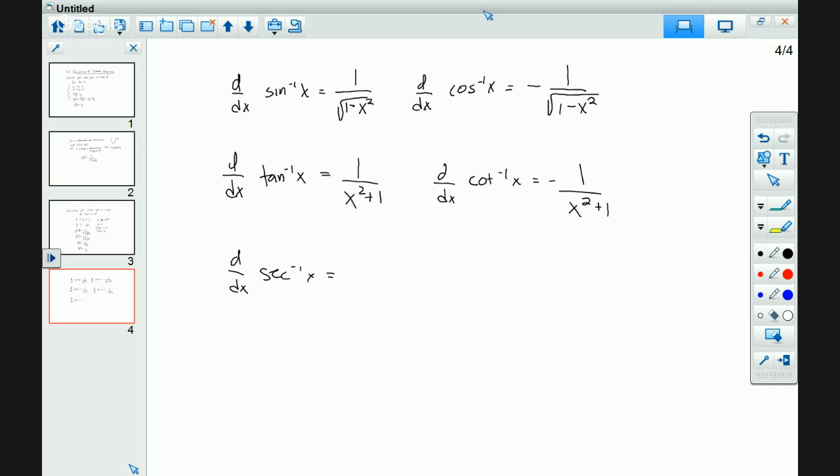Secant, this is where it gets messy, and cosecant.